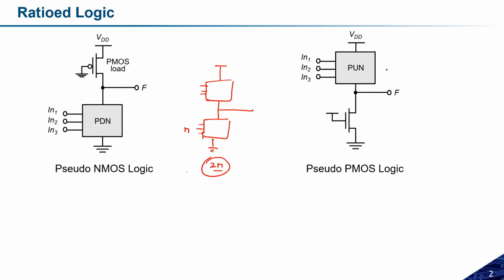So these two pseudo NMOS logic styles can be considered to implement any function, and that will reduce the number of transistors.